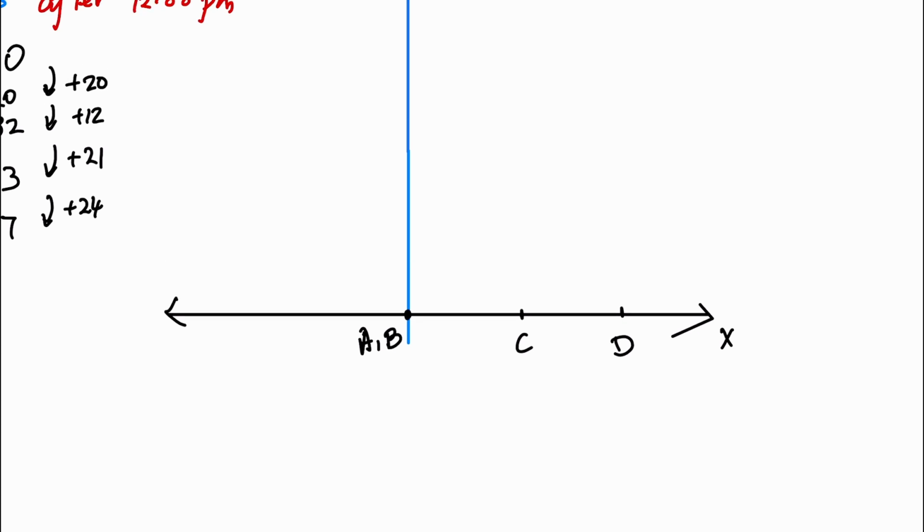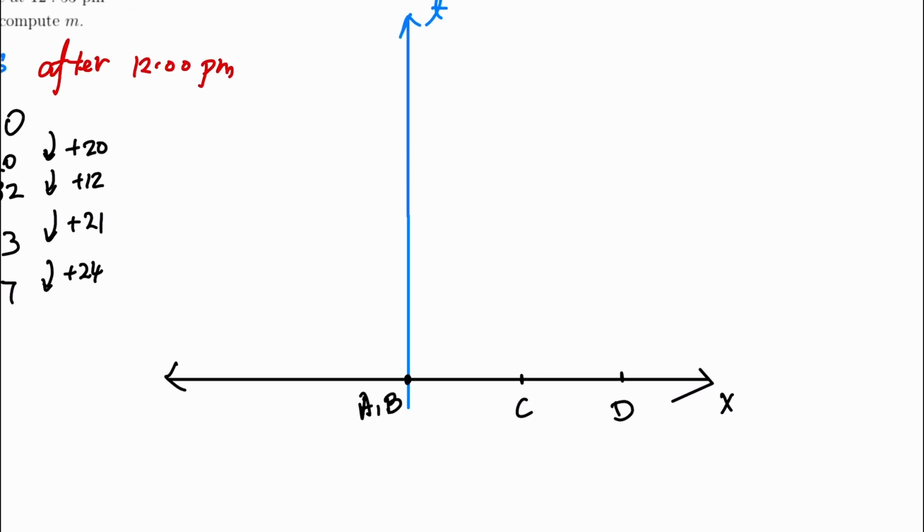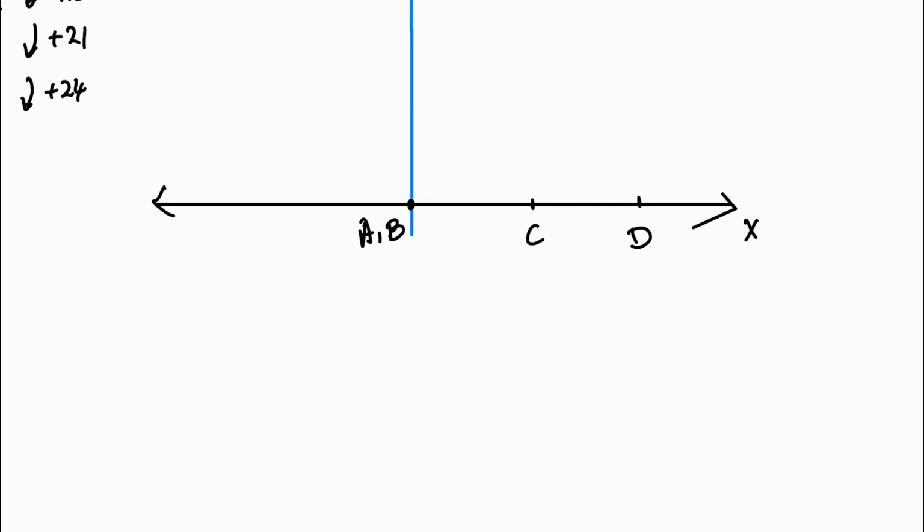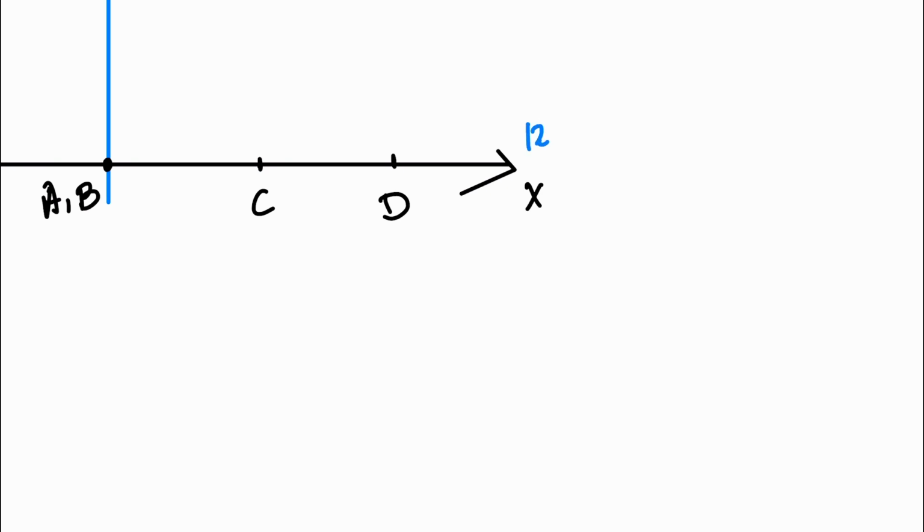Well, if this is the x-axis, then at this point, this linear one-dimensional point, that is going to be 12 p.m. Or if you don't like this representation, which I don't like, who knows what 12:00 means?